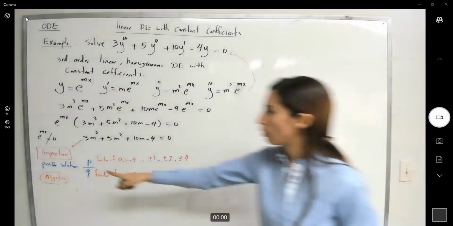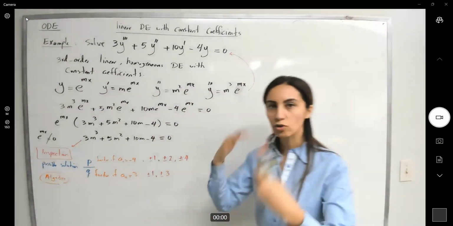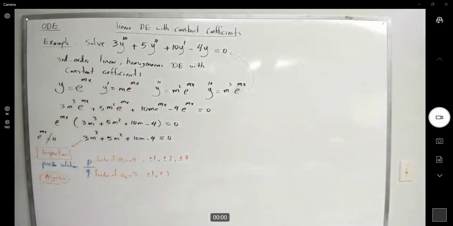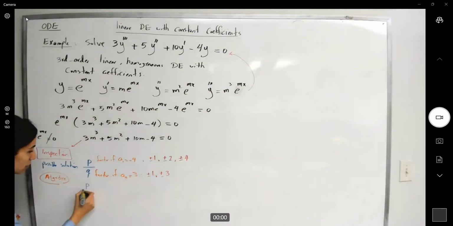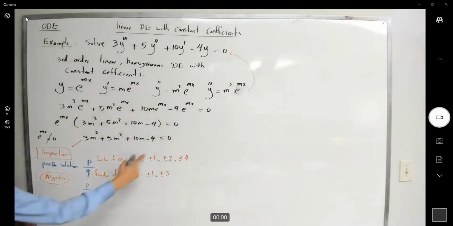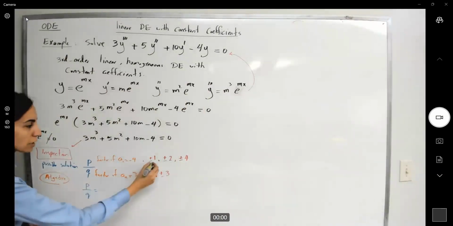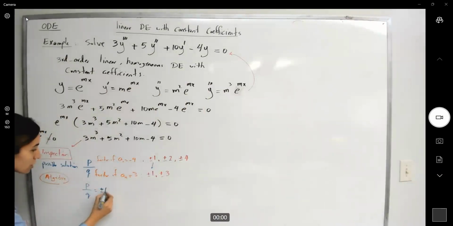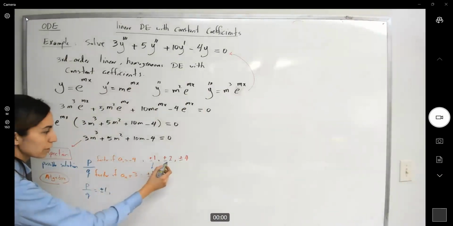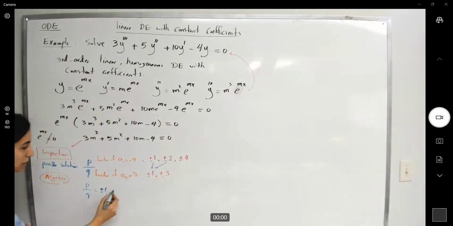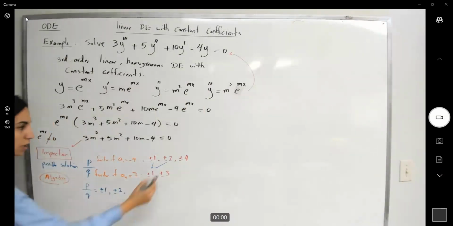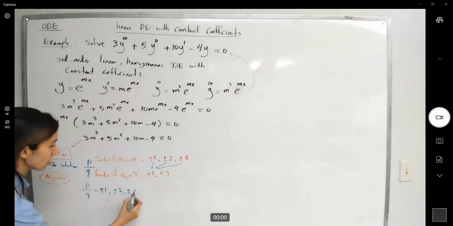So what are the possible fractions? We have to list all of the combinations. P over Q can be ±1 divided by ±1, which is ±1; ±2 divided by ±1, ±2; ±4 divided by ±1, so ±4.